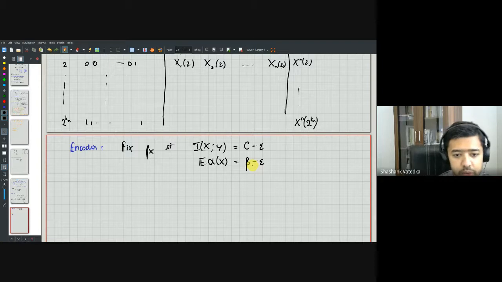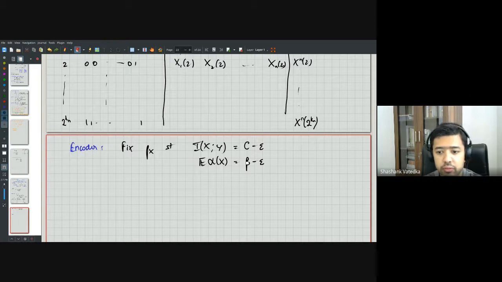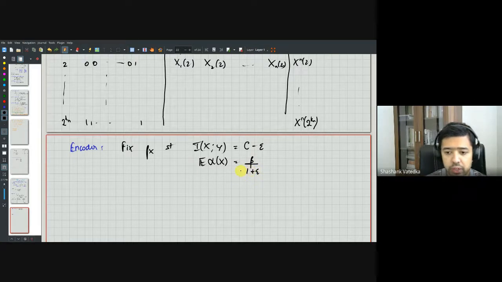Okay, so basically we're going to choose px, I'll choose it in a slightly different way: beta by 1 plus epsilon, let us say. So we'll see why I'm choosing this beta over 1 plus epsilon. Okay, so you choose a px such that this mutual information is equal to c minus epsilon, and the expectation of alpha of x is beta over 1 plus epsilon.